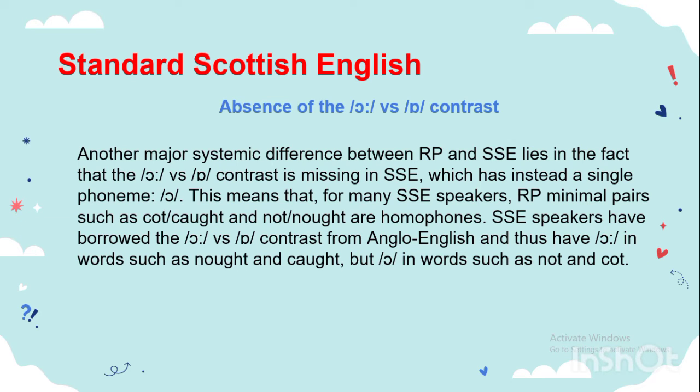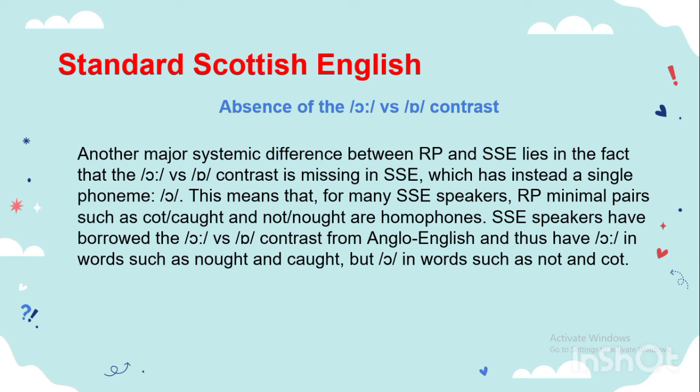Absence of the two-vowel contrast. Another major systemic difference between received pronunciation and Standard Scottish English lies in the fact that the contrast is missing in Standard Scottish English, which has instead a single phoneme.